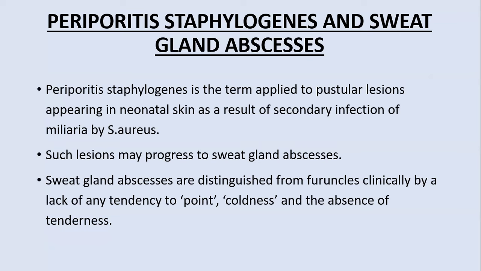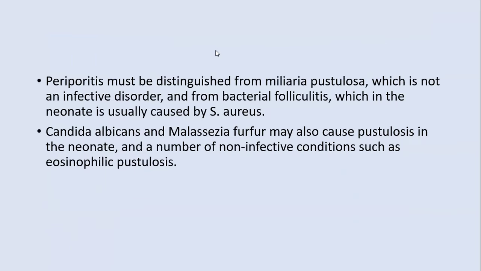The sweat gland abscesses are distinguished from furuncles by their lack of tendency to point or tenting, which is seen in a furuncle, and absence of tenderness, and the temperature is not very high. This is periporitis staphylogenes.